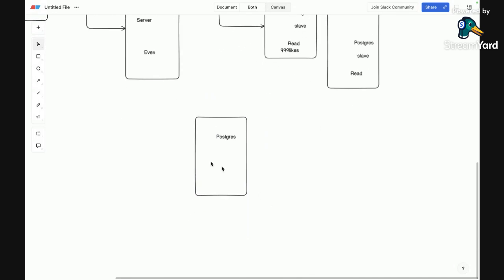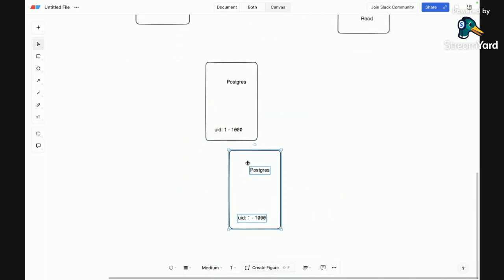So here you can say, okay, all the user data for UID 1 to 1000 will be stored here, and there will be another instance running, which will be 1000 to 2000.